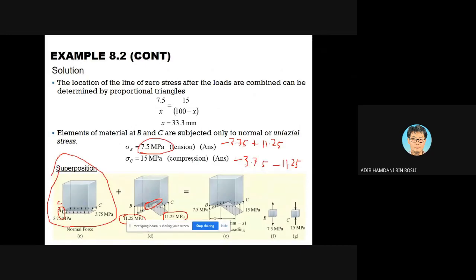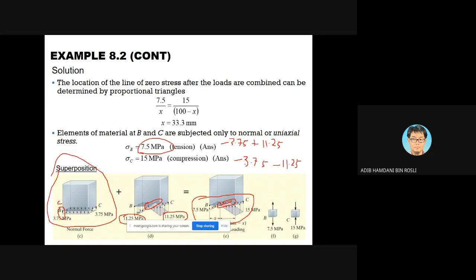And it's not in the question, but actually you can find where the zero stress is. Because you superpose this, you will have this kind of normal stress variation across the cross section, and you can find where this zero stress is. It's not at the neutral axis anymore.